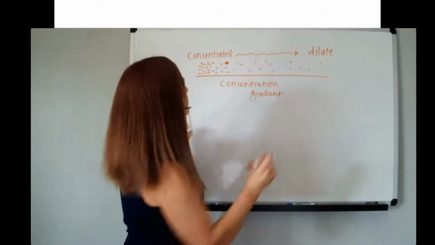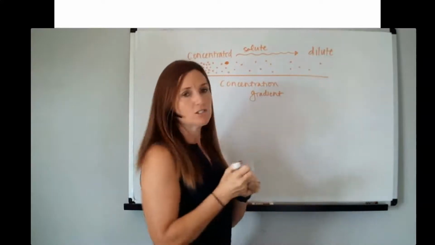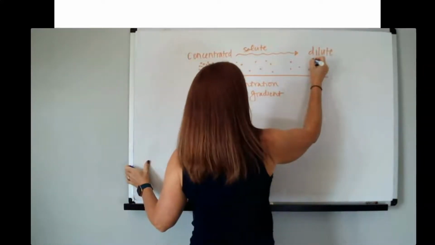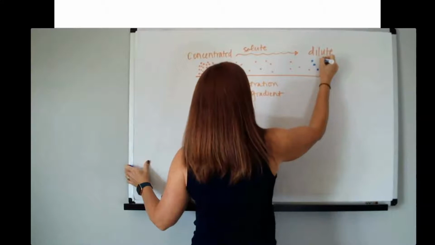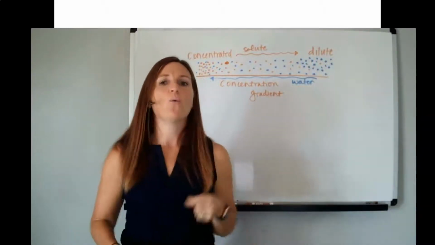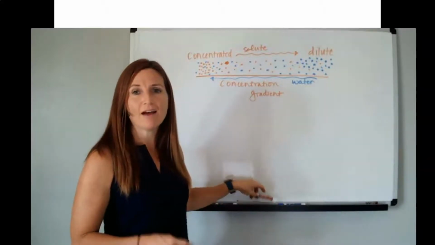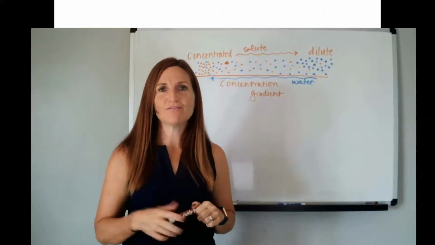So the solute wants to move this way. The water is more concentrated over here. The water molecules are more concentrated where the solute is dilute. I think that's important enough and possibly confusing enough that I want to write it down.